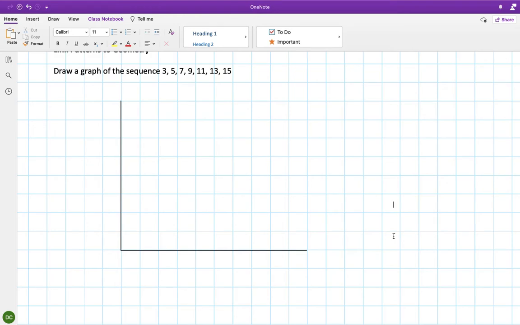Okay, so if you look up here, we have 1, 2, 3, 4, 5, 6, 7 terms. So that means down here I need to go 1, 2, 3, 4, 5, 6, 7. Okay, and they're my term numbers because I have 7 terms.